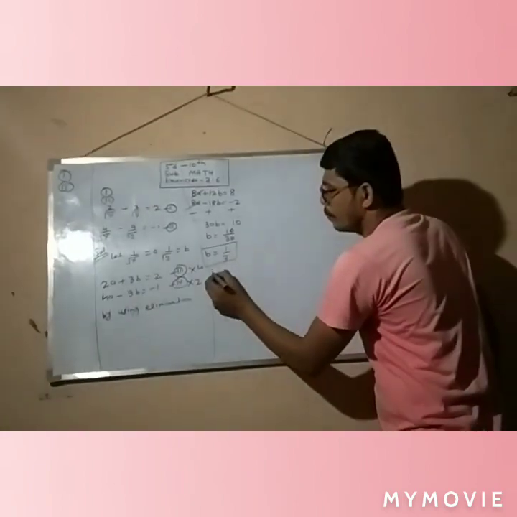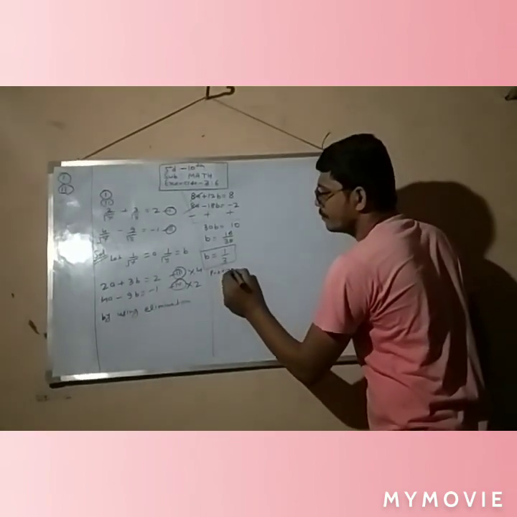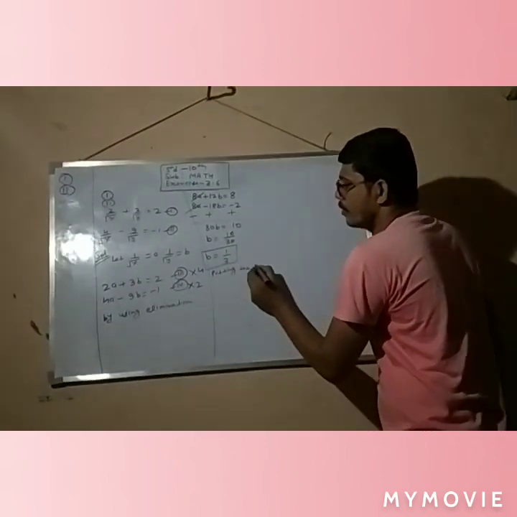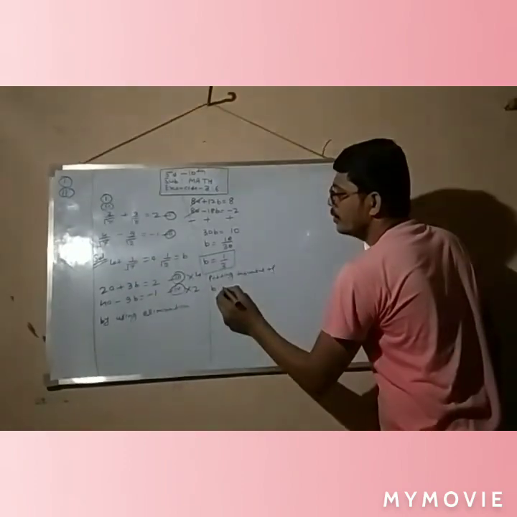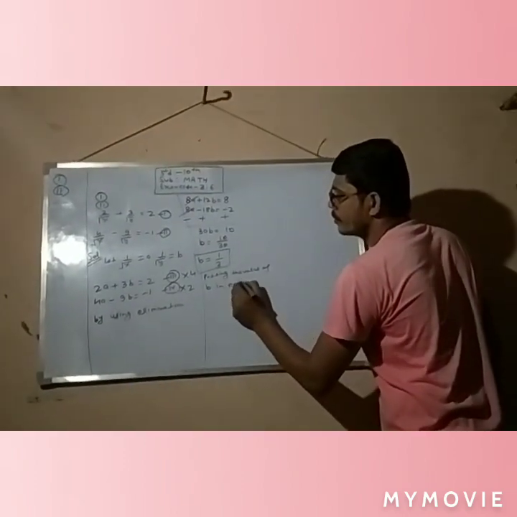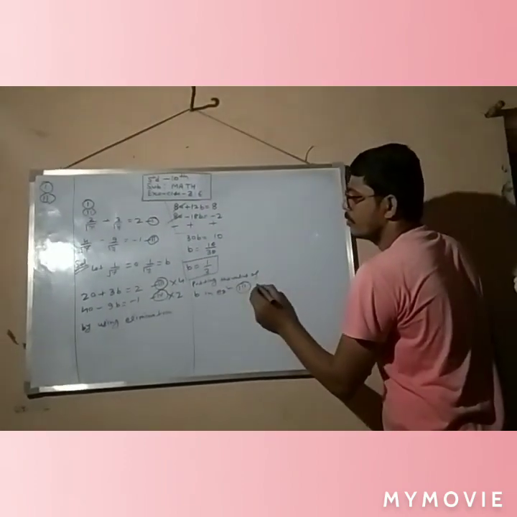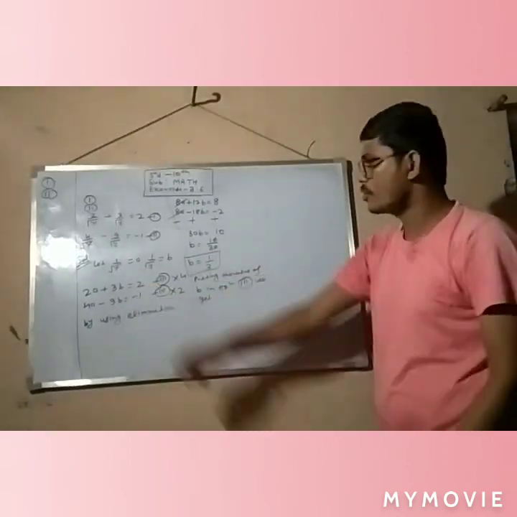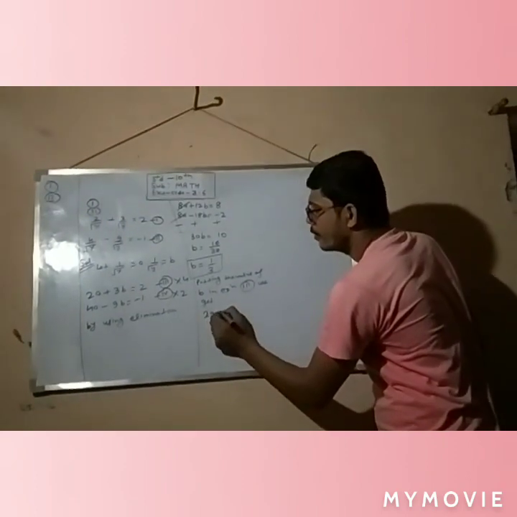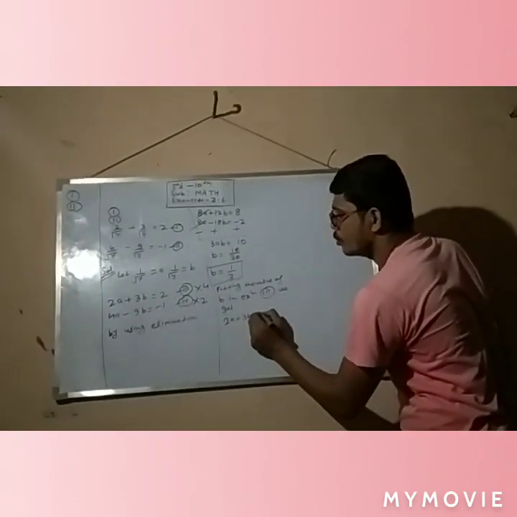Now putting the value of b in equation third or fourth, we get 2a + 3b is equal to 2.